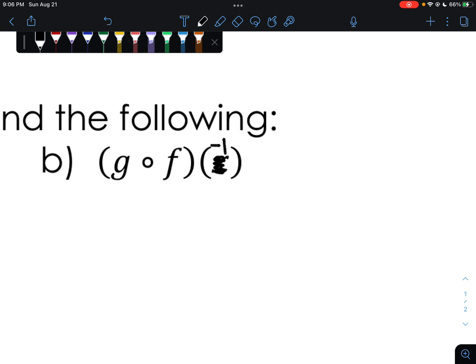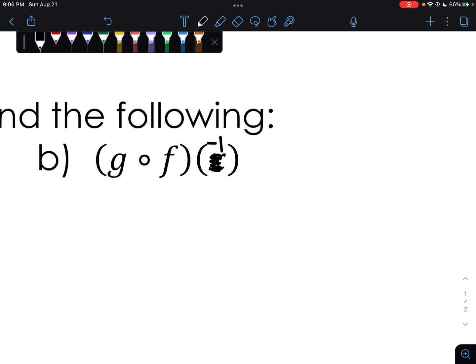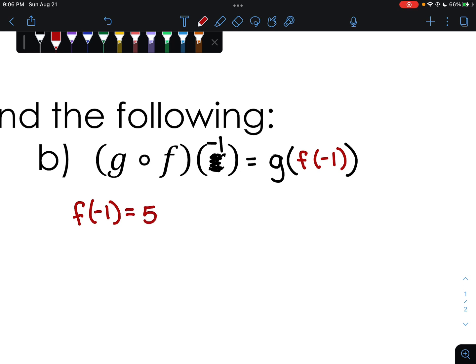So here we go. We have g of f of -1. We're going to start by finding f of -1. So f of -1 would be 5 times -1 minus 4. That would be -5 minus 4, which is equal to -9.